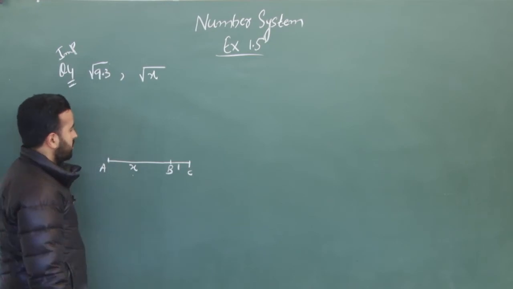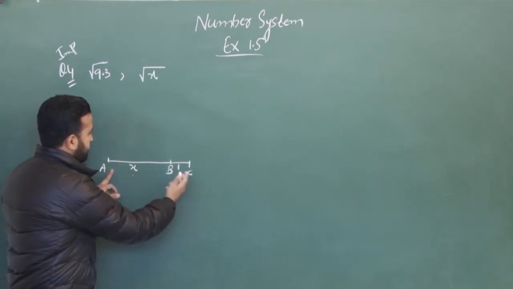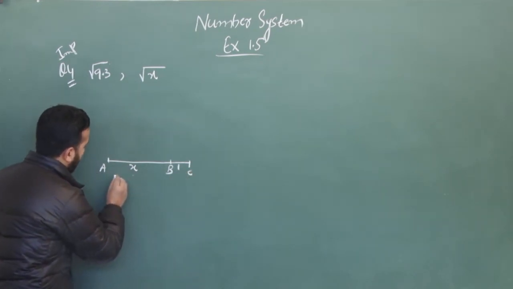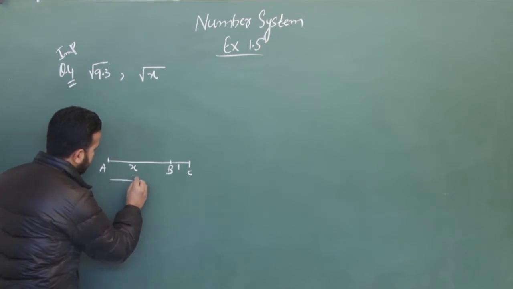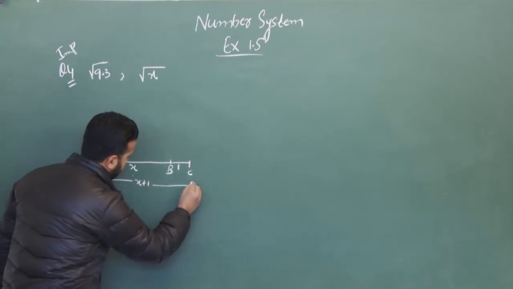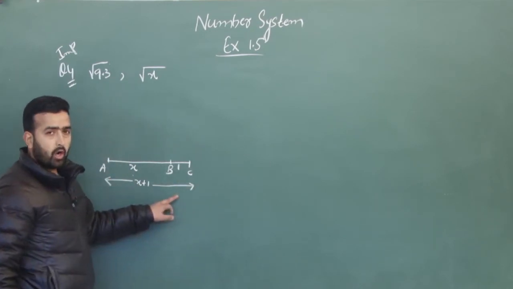Then we have the line segment AC. This line segment AC is of length x plus 1. So AC is equal to x plus 1, after adding 1 unit of length.